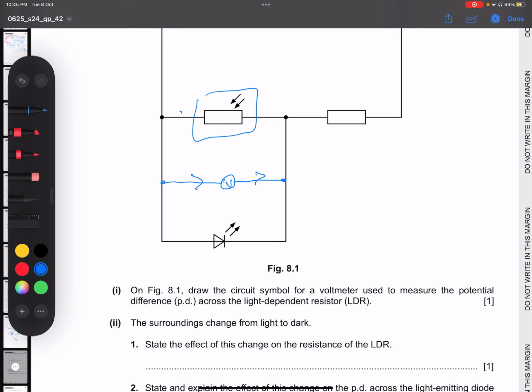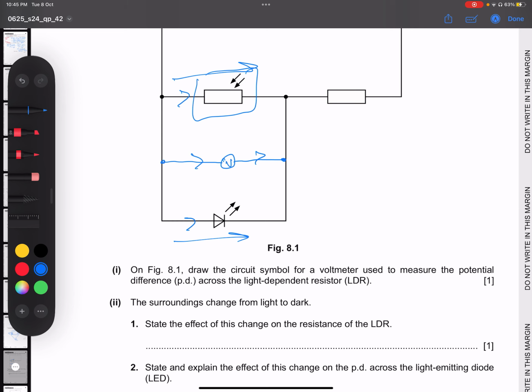This allows it to measure the voltage across the resistor since there's no current passing through it, and it also allows it to do this without altering anything that's happening in the original circuit. So this high resistance path makes it so that the electrons choose to flow through this path and this path rather than taking the voltmeter path. That's something to keep in mind.